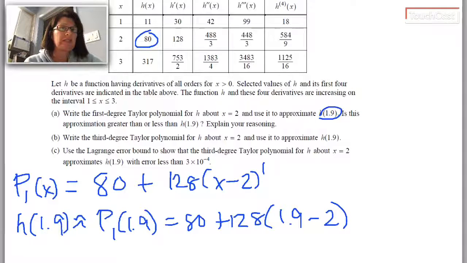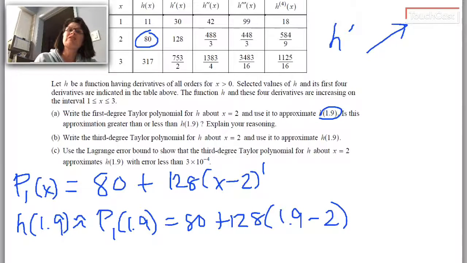So if h prime is increasing, that tells me the second derivative of h is positive, because the first derivative is increasing. If the second derivative is positive, then h must be concave up.